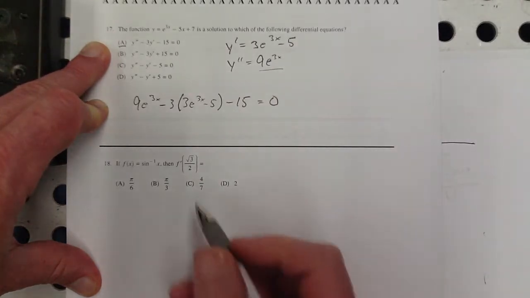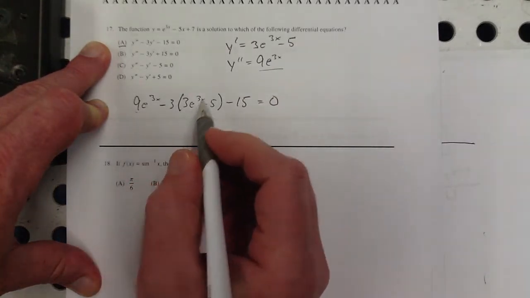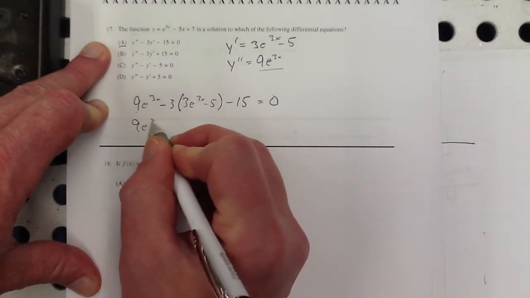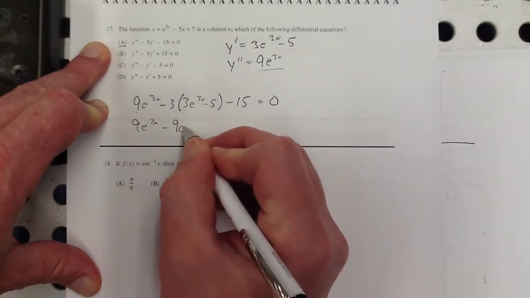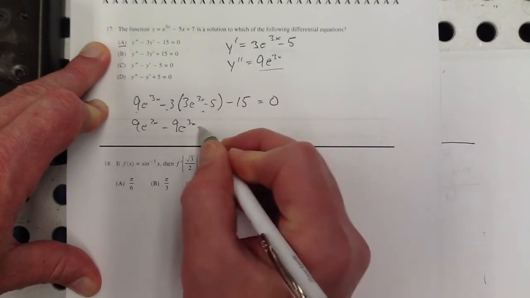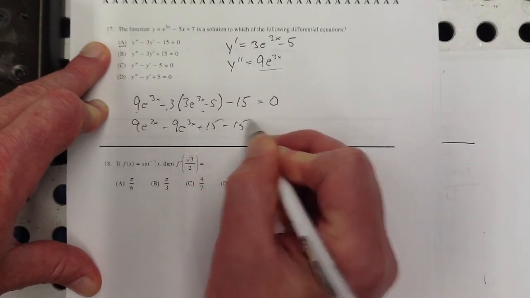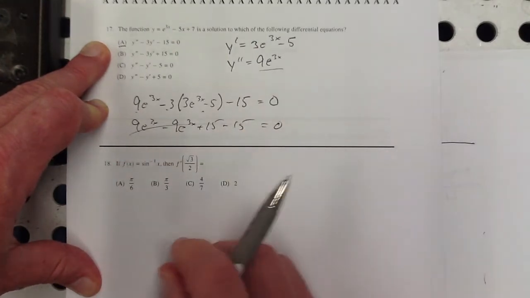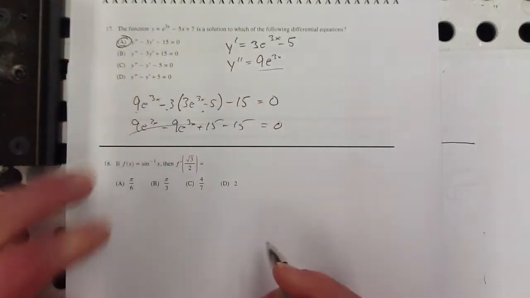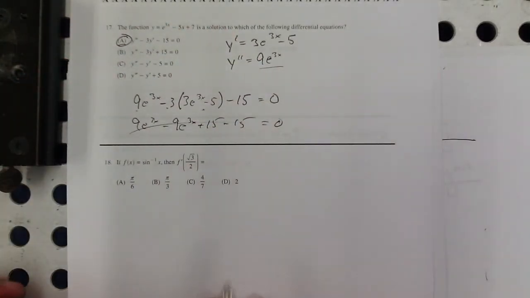I think this is it. If you distribute this, that's 9e to the 3x minus 9e to the 3x plus 15 minus 15 equals 0. That's it. All right. That was easy.